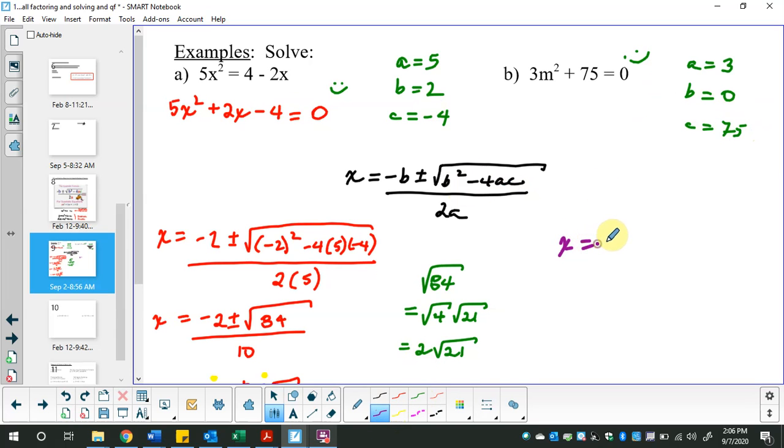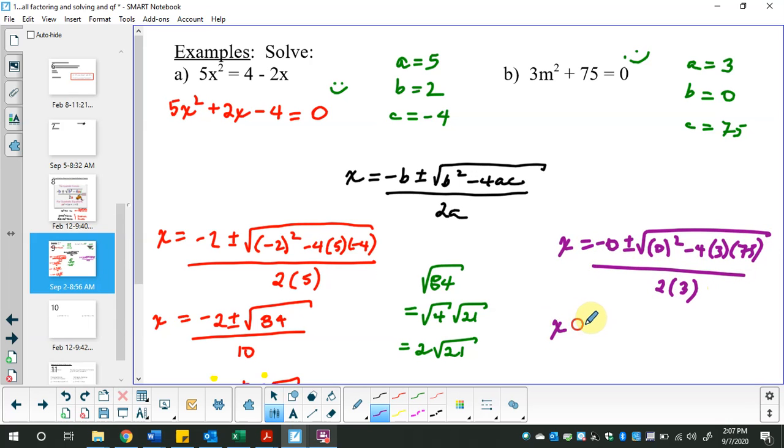So negative b plus or minus the square root of b squared minus 4ac over 2a. And no, you don't have to write down the zeros, but I'm doing it anyhow. So I can do this much without a struggle.